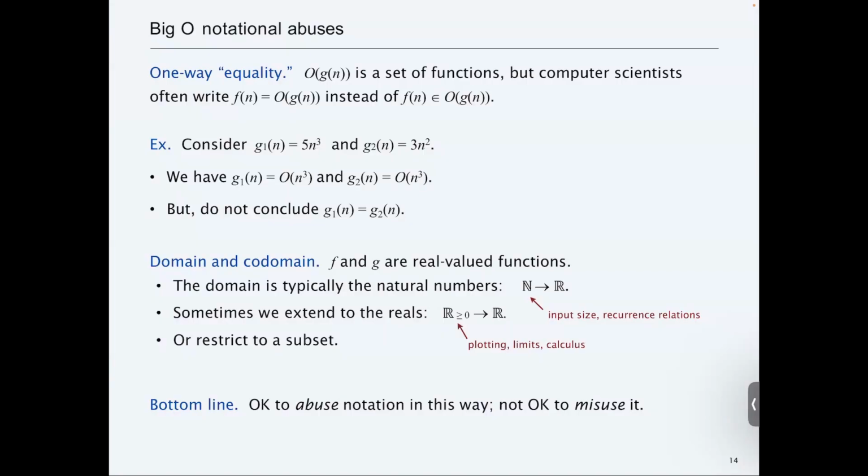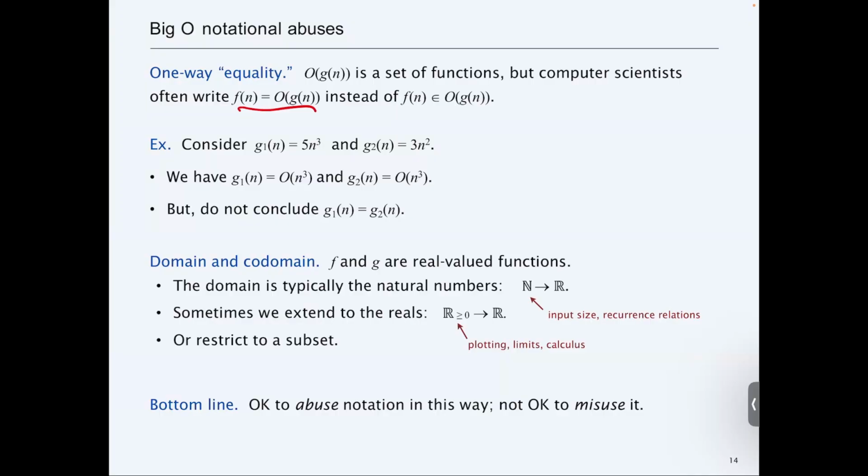Now we need to talk about something that is slightly annoying. Computer scientists love to abuse notation all the time, and big O is one of the biggest offenders. Strictly speaking, f of n equaling big O of g of n is not an equality.